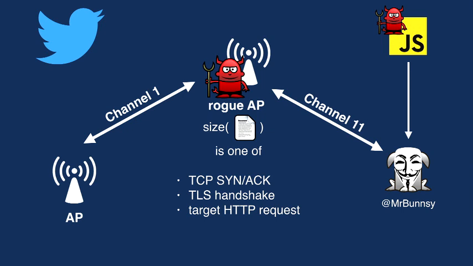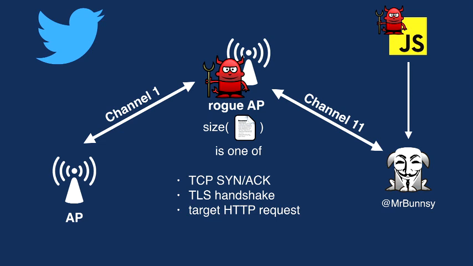And he will only forward this packet if the length coincides with that of a TCP SYN or ACK, or of a TLS handshake. That's required because Mr. Bonzi here needs to set up a TCP and TLS connection with Twitter.